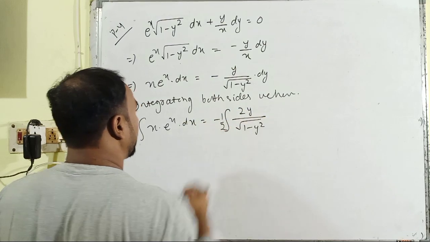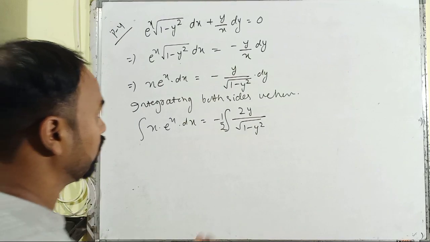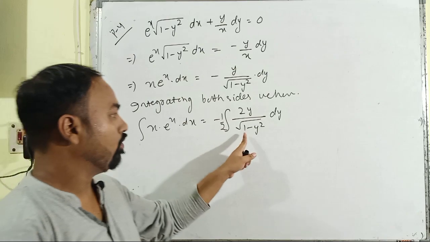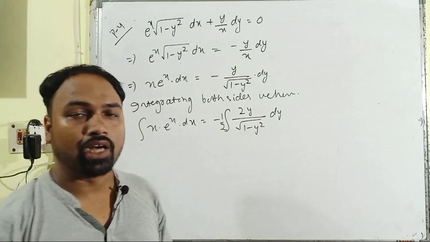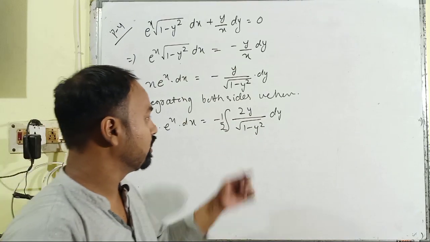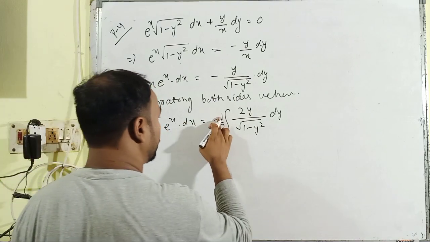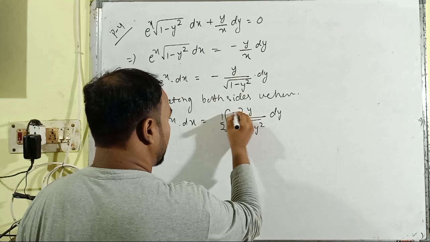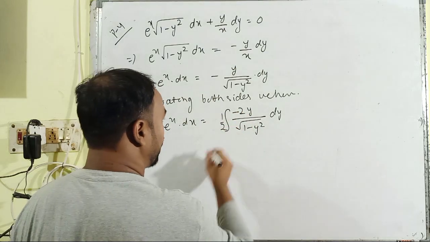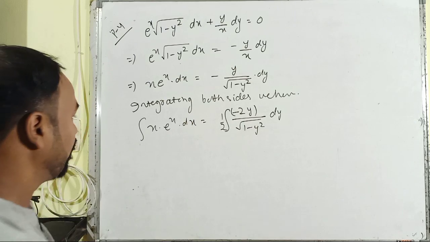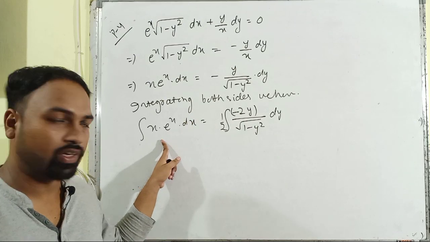I have multiplied and divided a 2 here because you can see that in the denominator part there is a term 1 minus y square, and the derivative of 1 minus y square is in the form of 2y. So let us take this minus sign towards the minus 2y, and here in the left hand side we have to put the formula of integration by parts method.